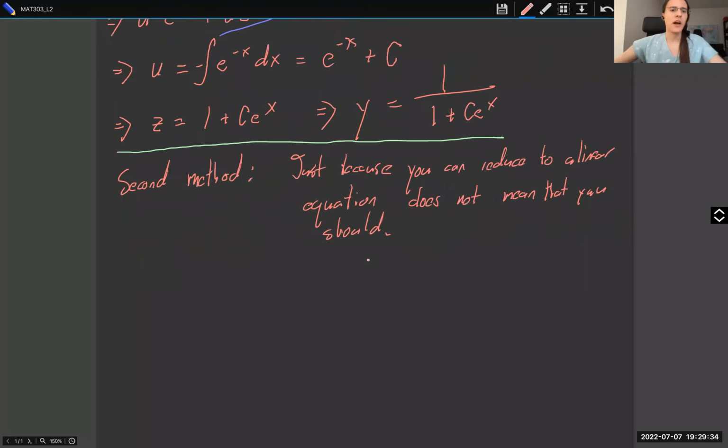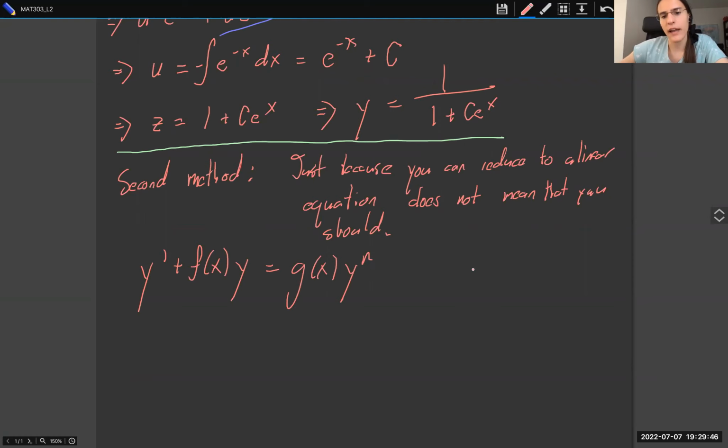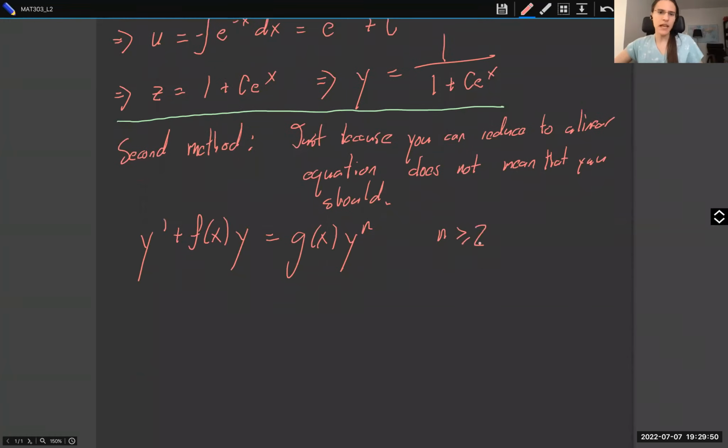So in particular, we're going to consider the problem as before. It's y prime plus f of x, y is equal to g of x, y to the power of n for n greater than or equal to 2, right? Now, what we're going to do is first, we solve the homogeneous equation.